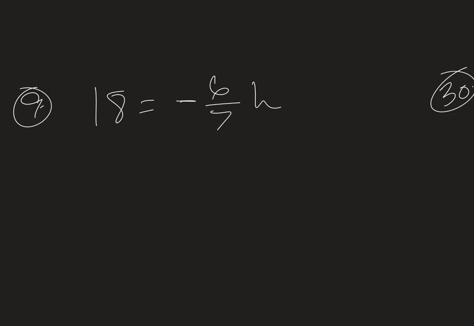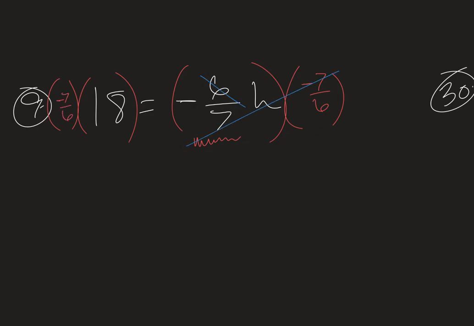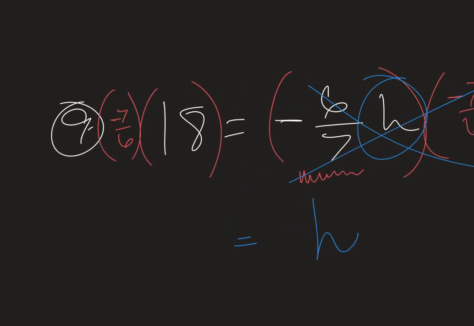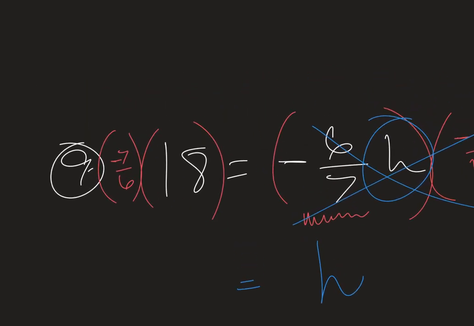Number 9. Oh, look, another reciprocal problem. Why is it a reciprocal? Because this guy is a fraction. And we're going to multiply both sides by negative 7/6. The 7/6 and 6/7, and I know I said it, cancels, gives me h equals, and you might be looking over here going, oh boy, I don't want to do that. Let's write it out a little bit more like what it's really doing.